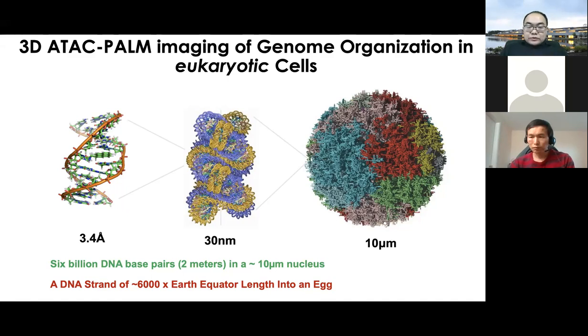And the cell packages this 2 meter long DNA into a 10 micron nucleus. If we packaged the same density of DNA into an egg, it would involve a DNA strand around 6,000 Earth equivalents. So there is a tremendous DNA density inside the nucleus, which really prevents us from using imaging techniques to study detailed DNA associated structures.